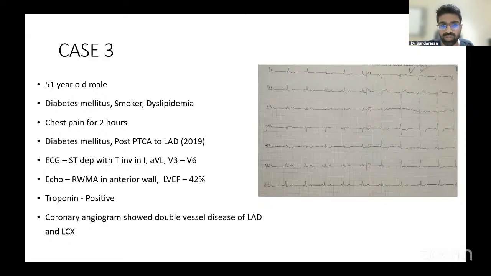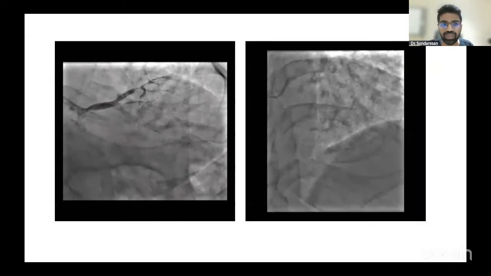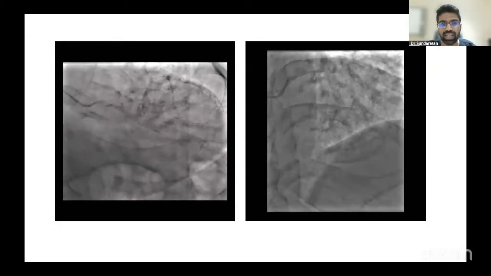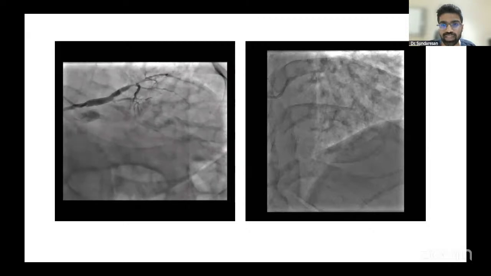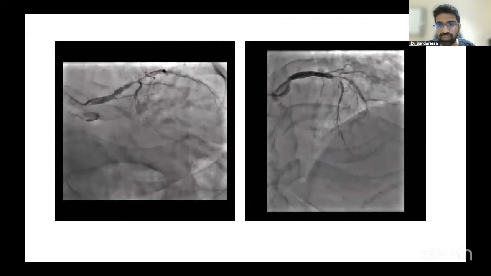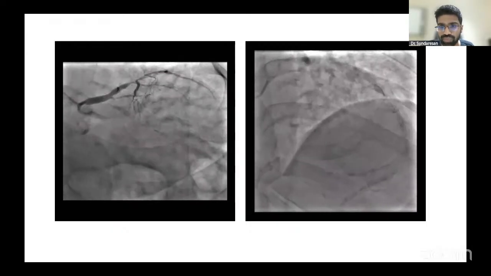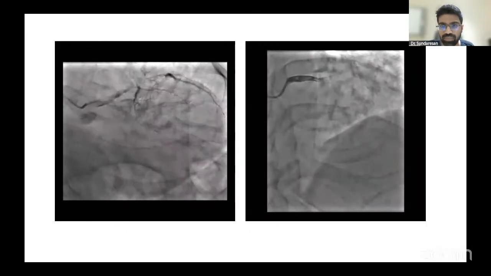Troponin was positive. So we immediately took him for a coronary angiogram, which revealed a critical lesion in the LAD with a slow flow and a completely occluded LCX. As you can see, the LAD has slow flow with almost TIMI 1 flow, and there is a stent in the mid LAD segment.